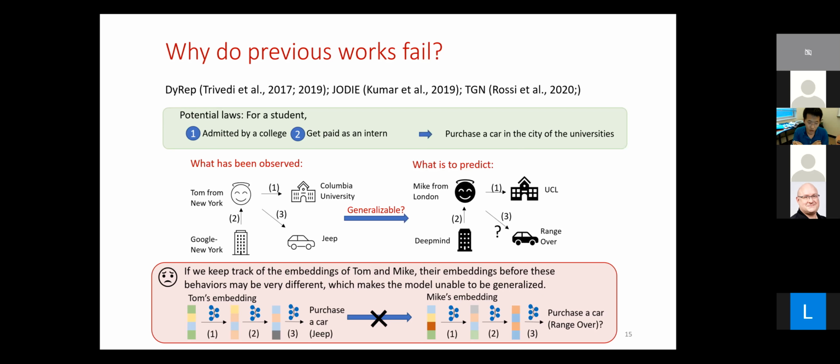Although our model observed this behavior, because the initial embeddings of Mike and Tom are different, when we evaluate our model on Mike, and Mike follows exactly the same behavior as Tom here, the output will be different, because the initial node embeddings are different.